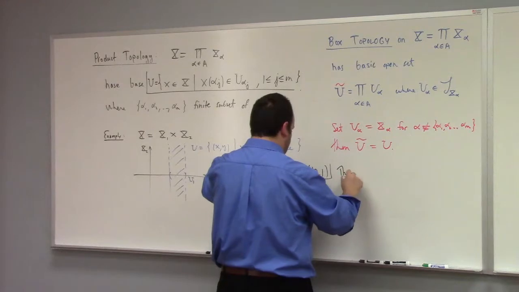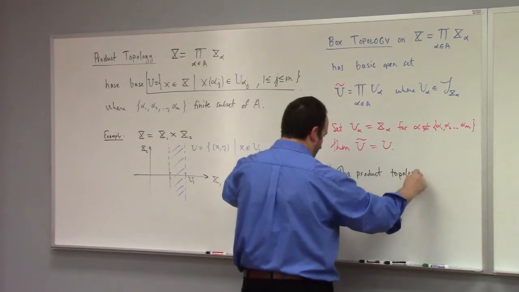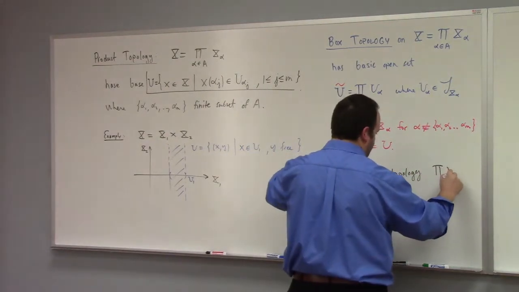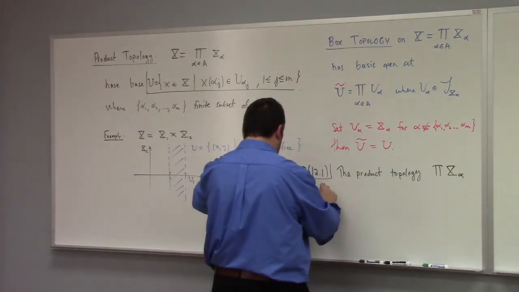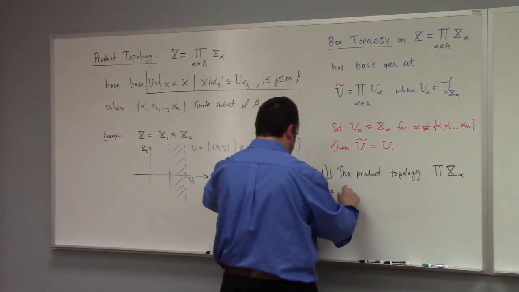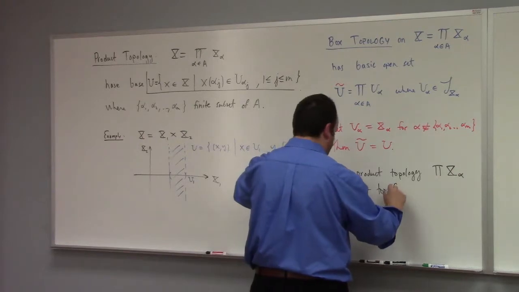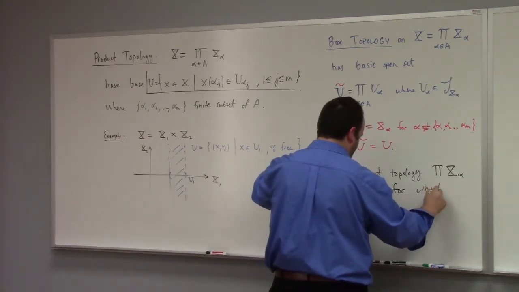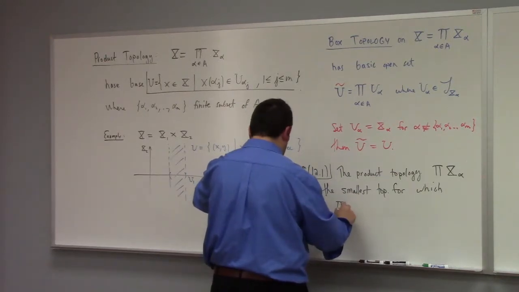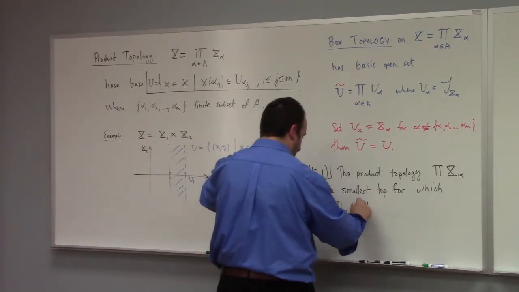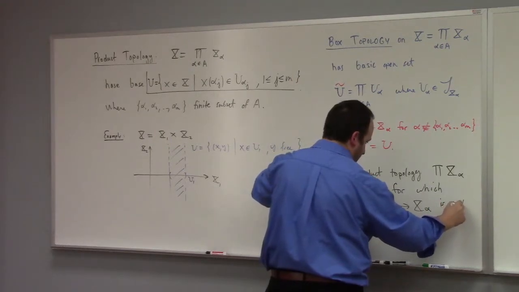It says the product topology, which we'll just omit the index set for a second, product of X alpha, is the smallest topology for which each projection is continuous.